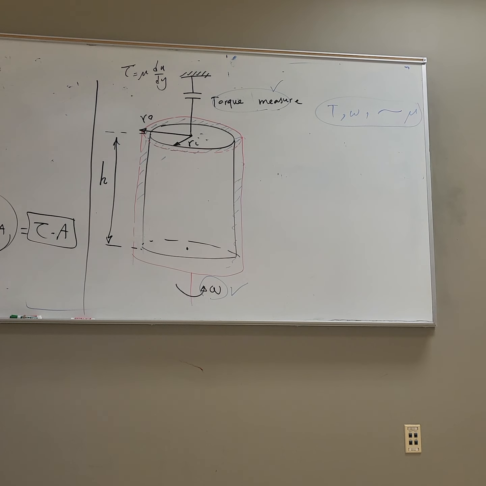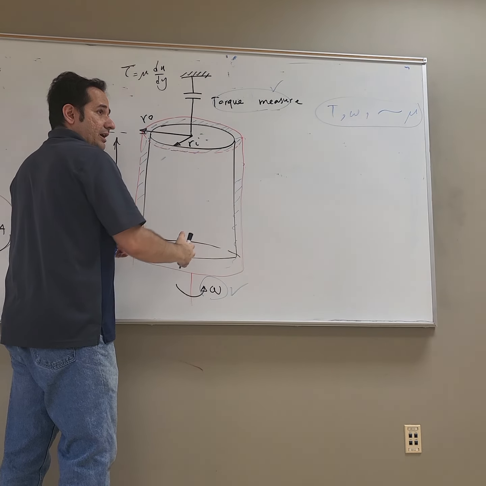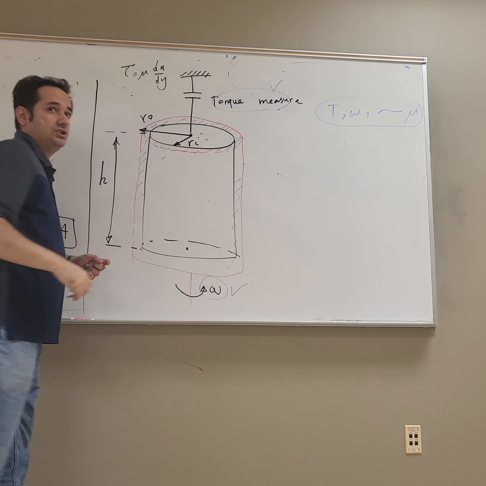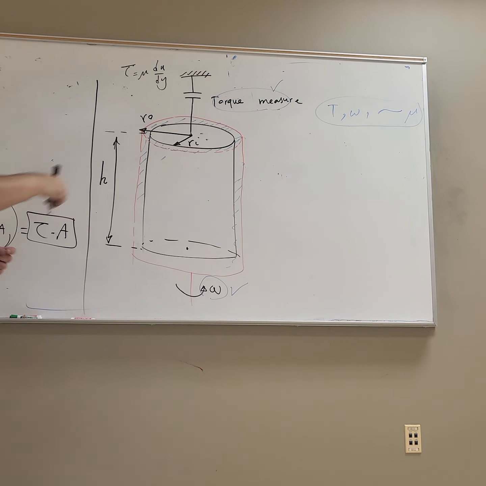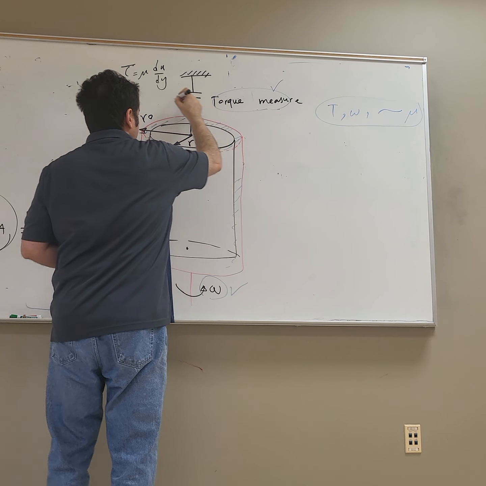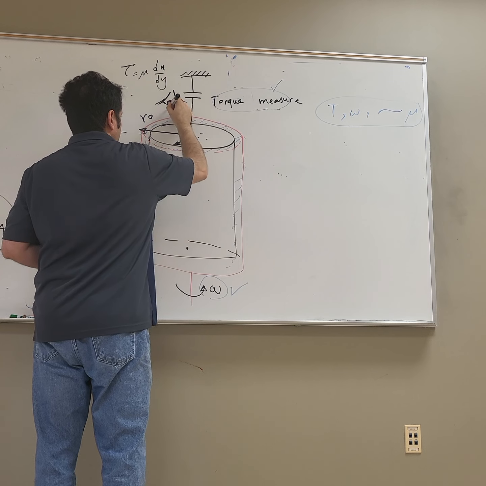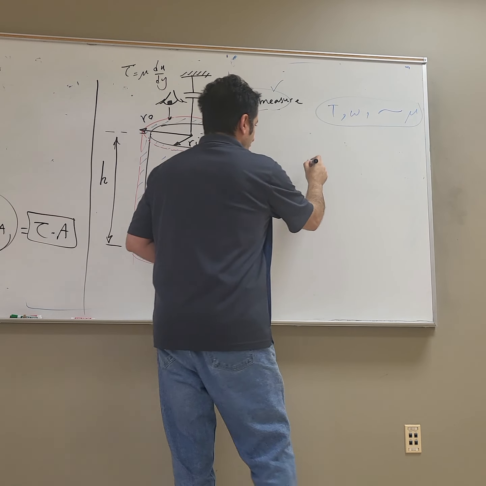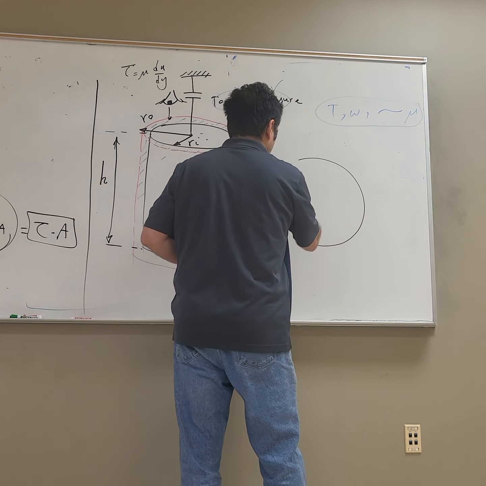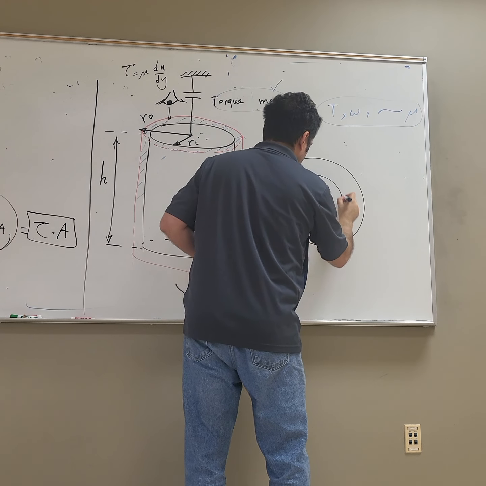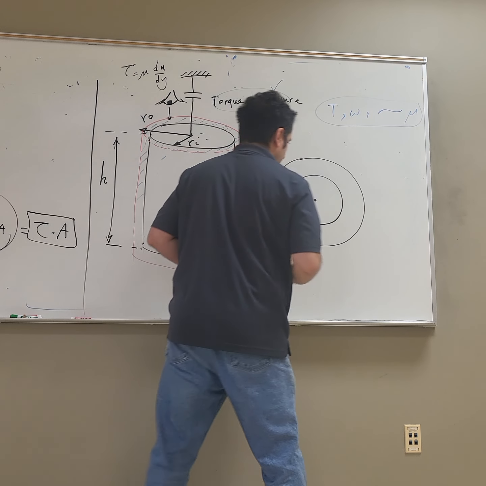In order to solve this problem, I know that in the z direction I don't have any kind of change in the flow field, but if I look at it from the top, I do actually see two concentric circles like that.